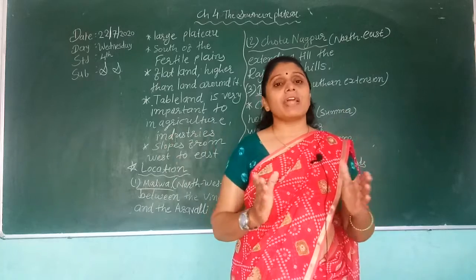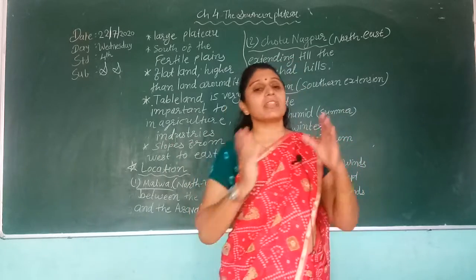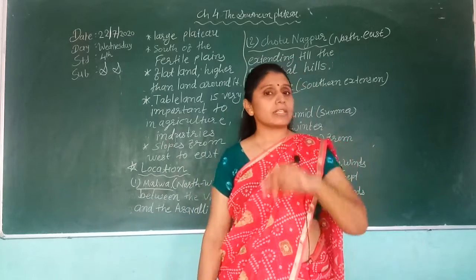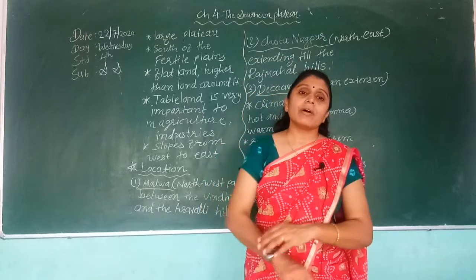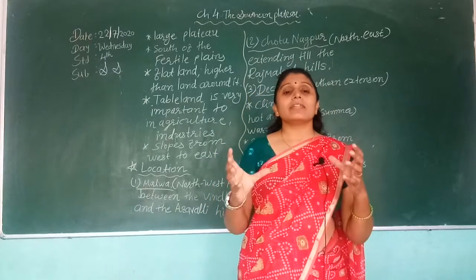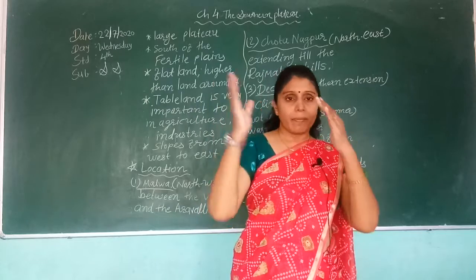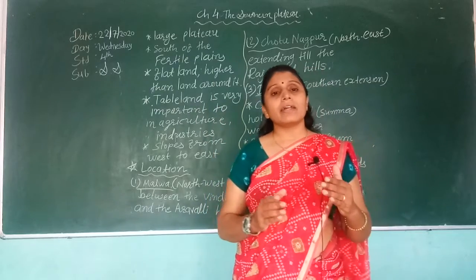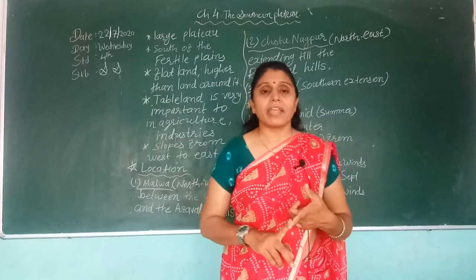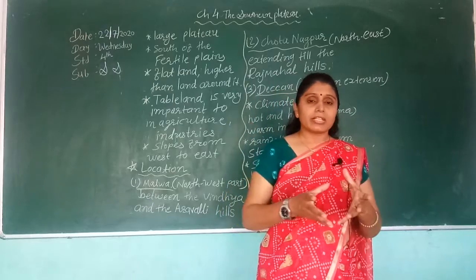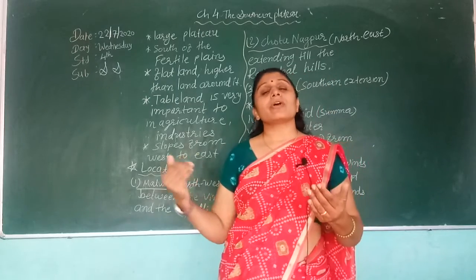It is also divided by physical features in three ways. The first is the Satluj basin. Many rivers come from the Himalaya range, covering Punjab and Haryana.